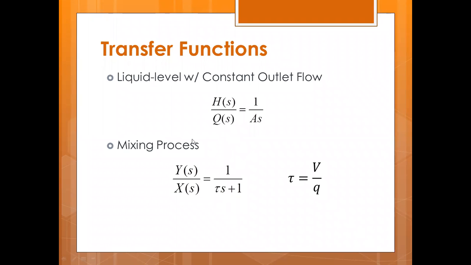For a mixing process, the transfer function relates the changes in the outlet concentration to changes in the concentration of the liquid that is introduced into your mixing chamber. So X is input, Y is output. Both of these are representing concentration. So the Laplace transform is comparable to the Laplace transform of a thermometer.